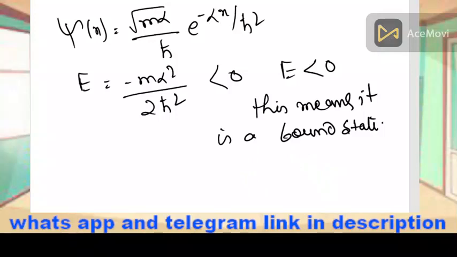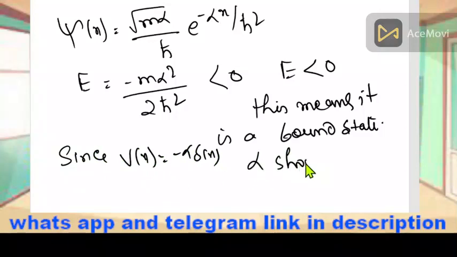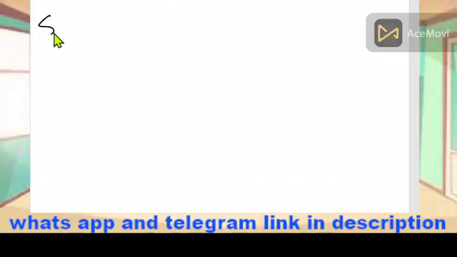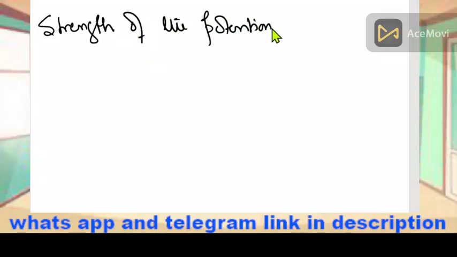And there is no n. This means for any delta function well, there is only one bound state, since V x is equal to minus alpha delta x, where alpha shows the strength of the potential, how strong the potential is.